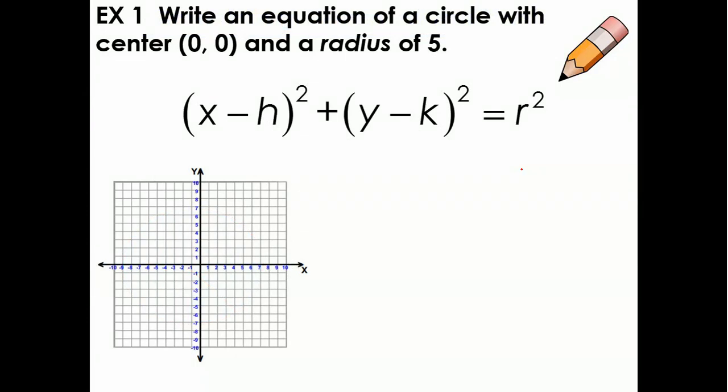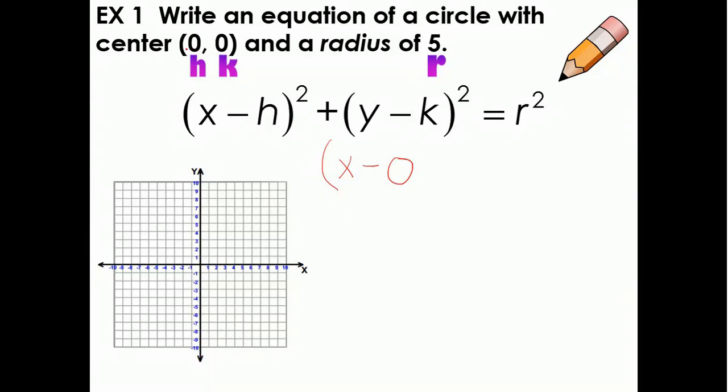First example here. Write an equation of a circle with a center of 0, 0 and a radius of 5. So, my center is my h and my k, and my r is my radius, which is 5. So, I have my problem here. So, I got h, or x, minus my h. My h is 0. Now, you're probably going to say, well, how do you know which one's h and which one's k?